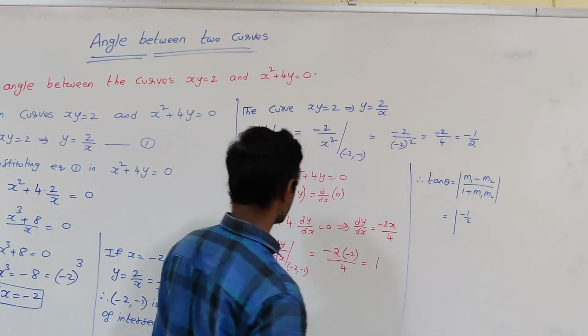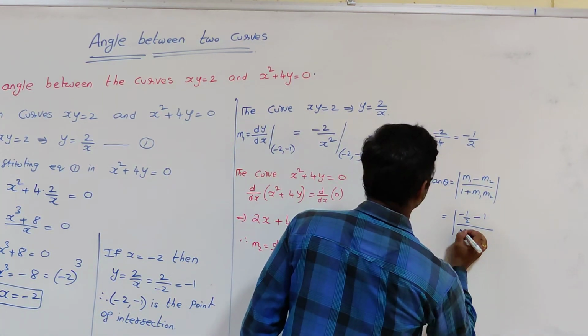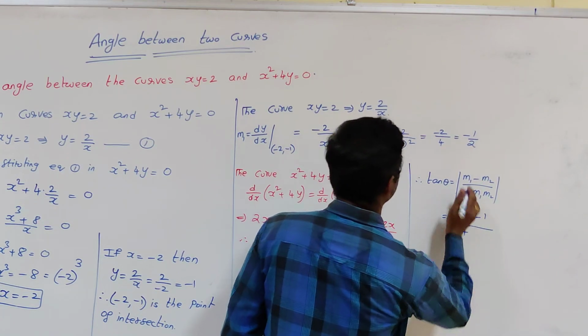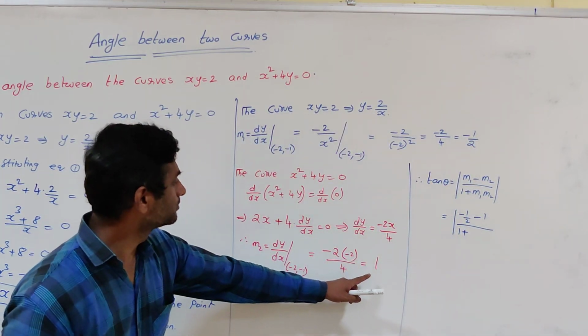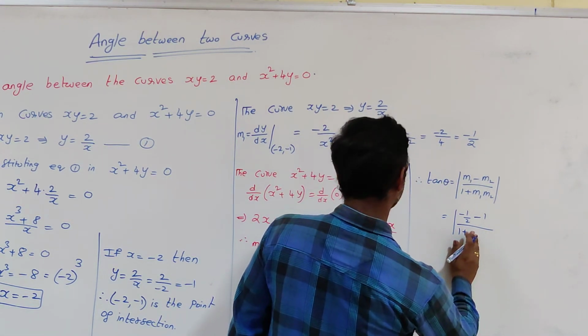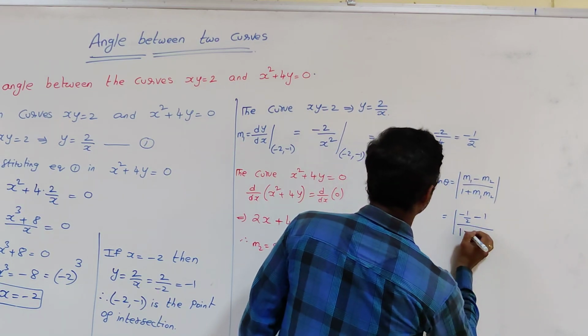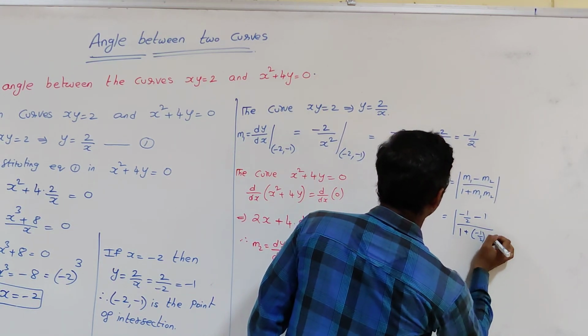Which is, m1 is minus 1 by 2, m2 is 1, so minus 1 by 2 minus 1 by 1 plus minus 1 by 2 into 1.